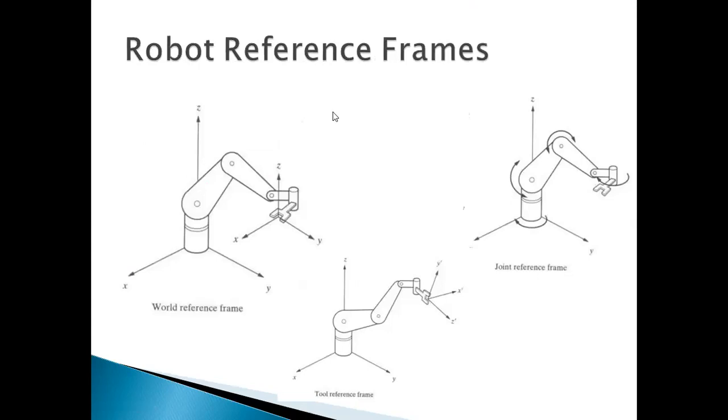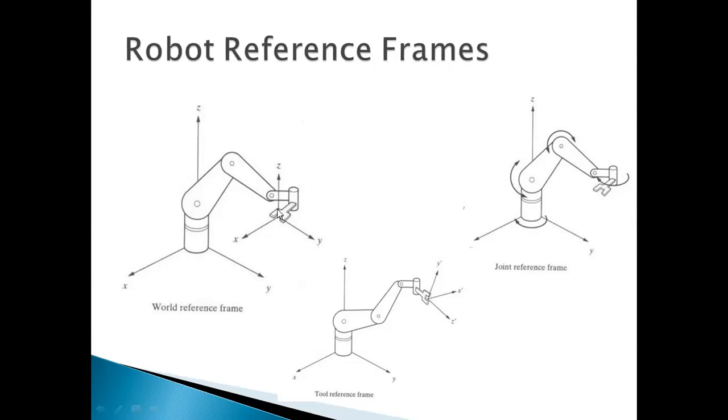Now here you can better understand the robot reference frame. In the case of the world reference frame, we have to define it here at the base, which means X, Y and Z, right? We have to define these three axes to identify the position of the joints, or mainly the end effector, with respect to the world reference frame.